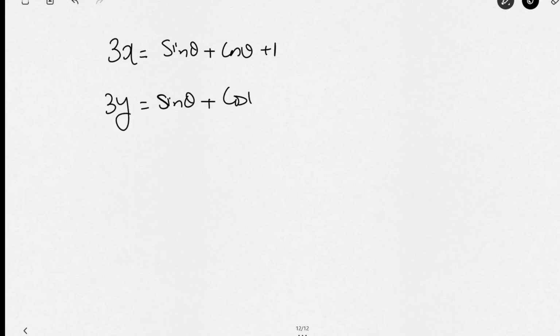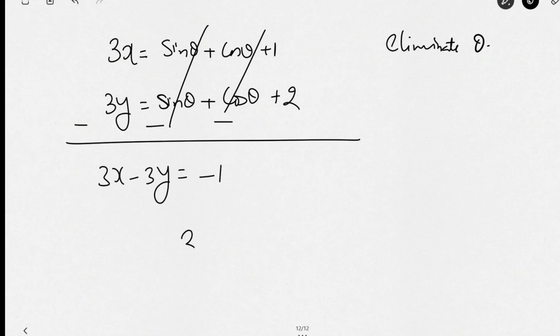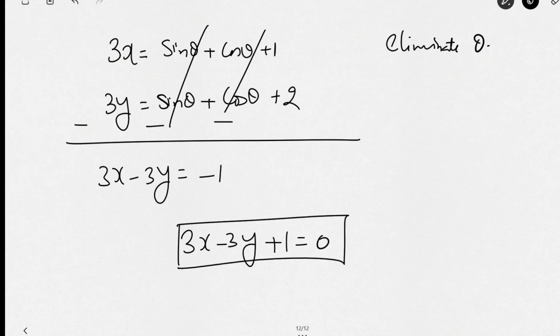This can be written as 3x equals sin theta plus cos theta plus 1, and 3y is sin theta plus cos theta plus 2, right? To eliminate theta, we can just subtract: 3x minus 3y equals -1, or 3x minus 3y plus 1 equals 0. This is the answer. This is a straight line. And we are done with question number 7.